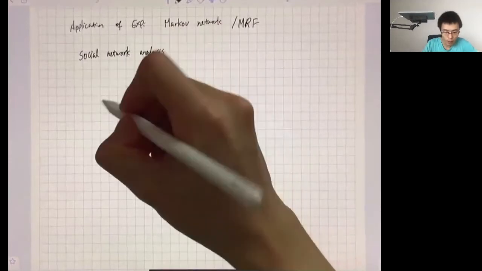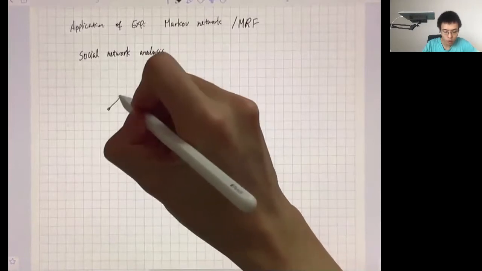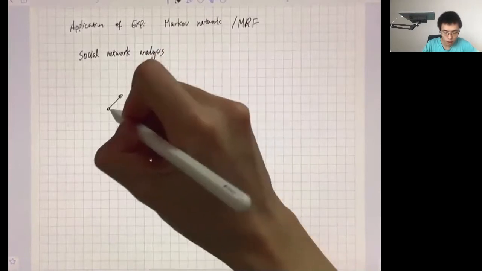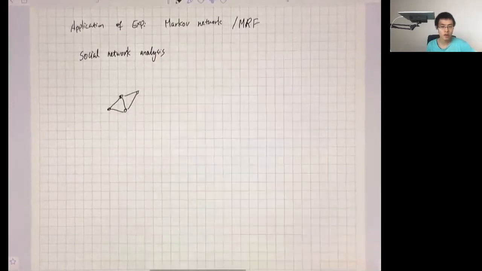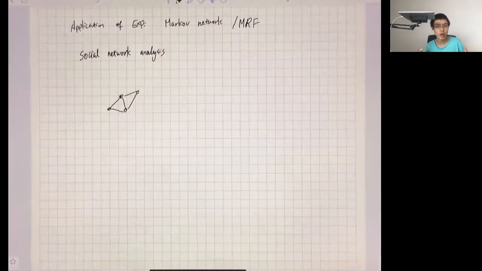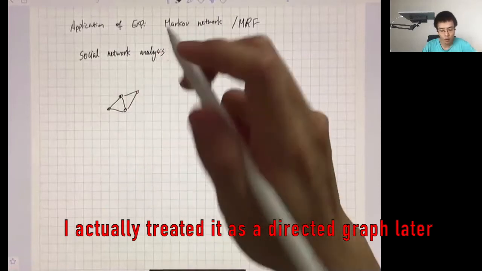The basic idea is in social networks, people are connected. Each node represents a person, and an edge shows that they are connected in some social network, maybe Twitter follow or followed by, or maybe some mutual friends. We think of it as an undirected graph.